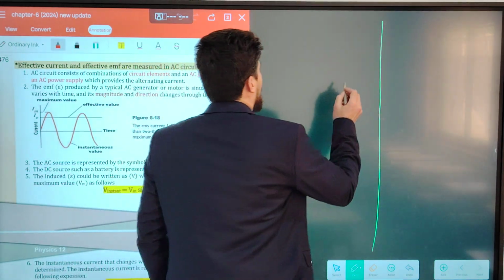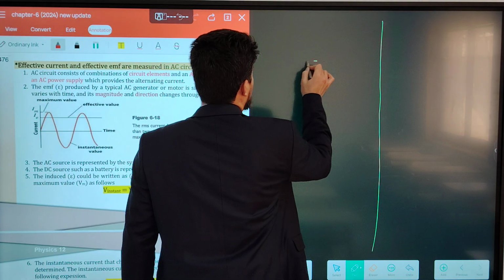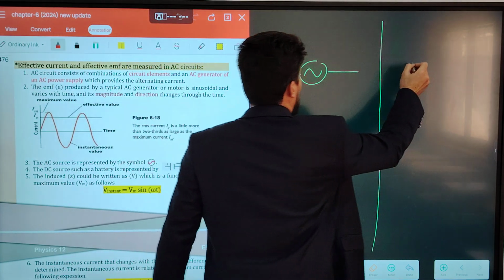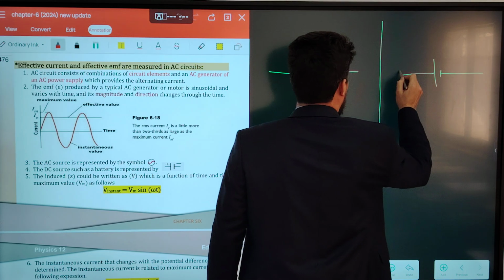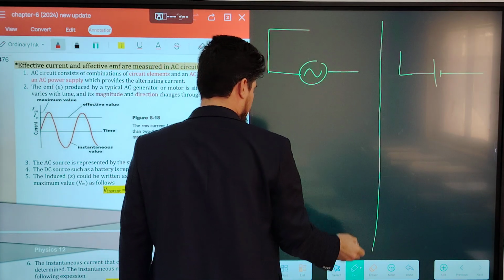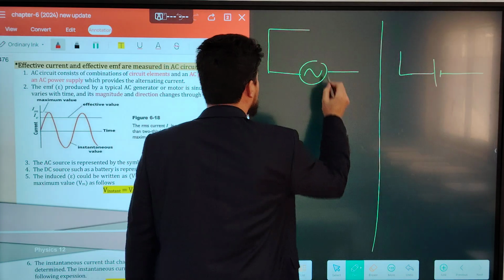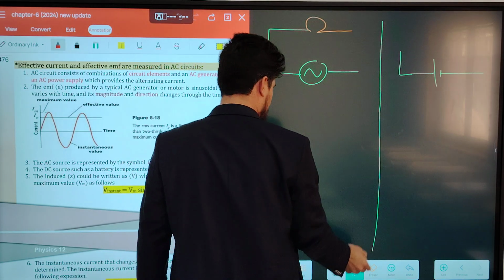Assume that we have two sources, AC source and DC source, connected with a resistor, a light bulb, for example.